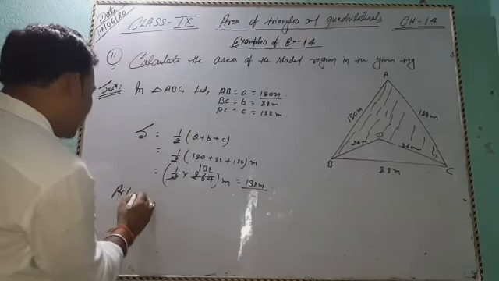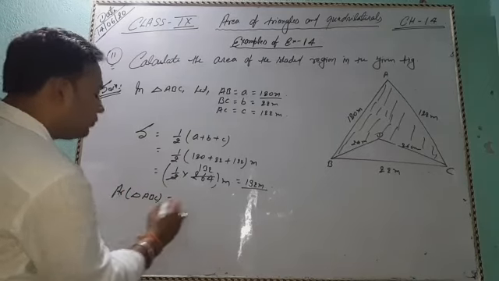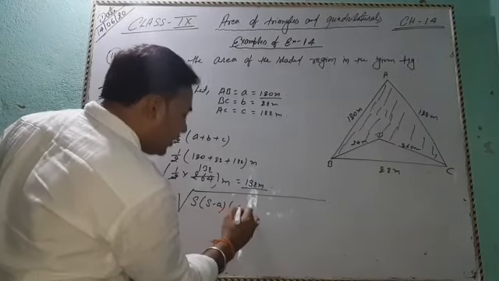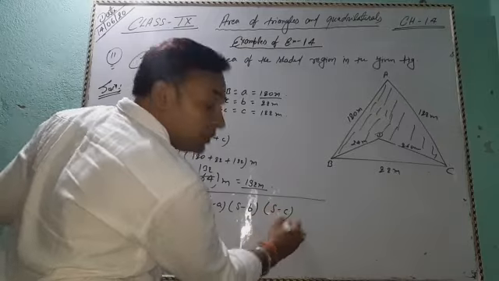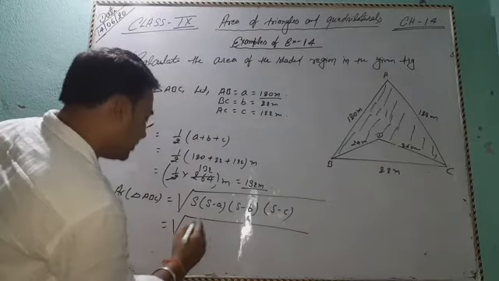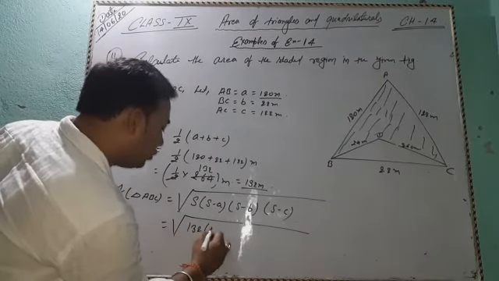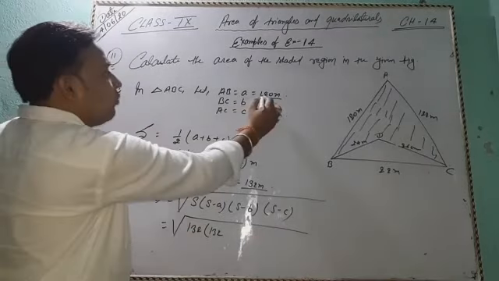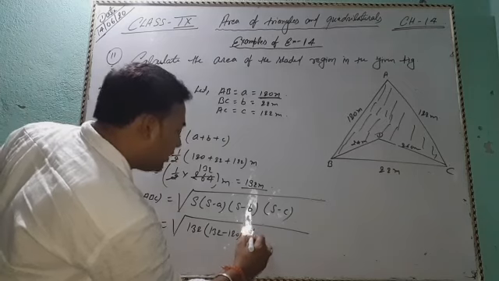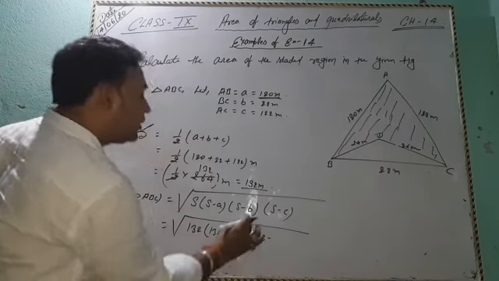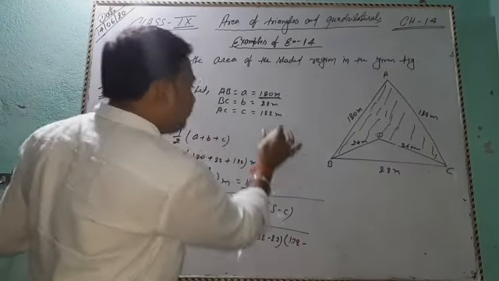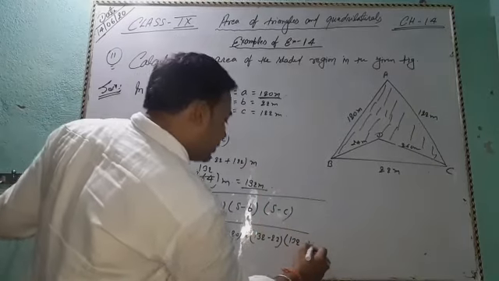So area of triangle ABC equal to root under F into F minus A, F minus B and F minus C. So this implies root under F equal to 132 into 132 minus 120 into F minus B. So 132 minus B equal to 22 and 132 minus C equal to 122.